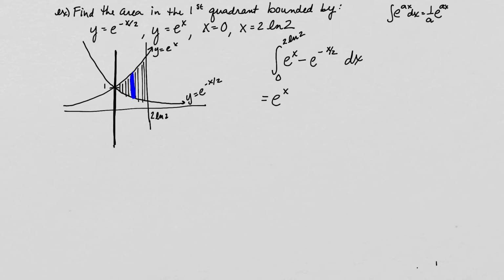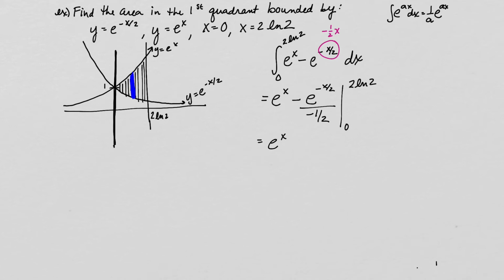So remember, minus x over 2, this is really the same as saying minus 1/2 of x. So when I integrate this, we're going to have minus e to the same thing, so e to the minus x over 2, divided by, in this case, my a is a negative 1/2. So divided by negative 1/2, evaluated from 0 to 2 ln 2.